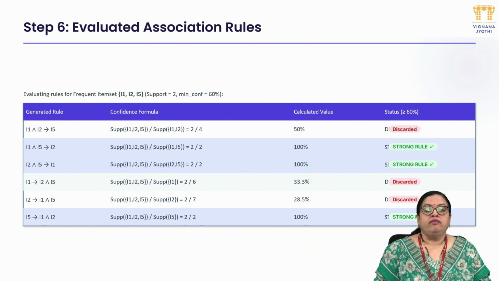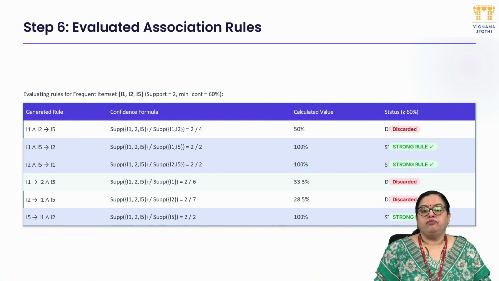Here we are taking I1, I2 as A and I5 as B. So the support of I1, I2 union I5, which is our previous answer I already showed you, is 2, and the support of I1 and I2 is equal to 4.